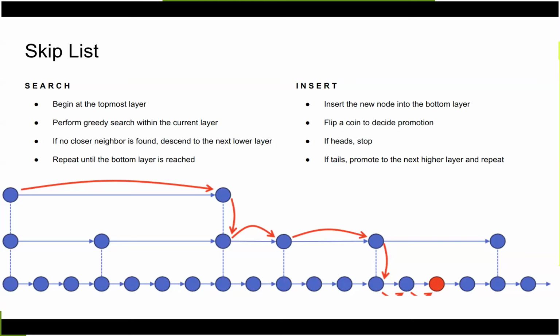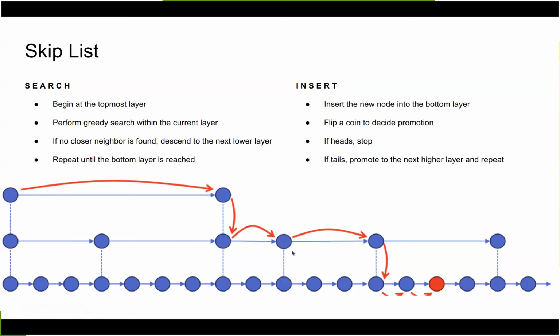One layer on top of that, you just flip a coin, and if the coin, I don't know, with some probability, if it's higher than 50%, you add each node to the top layer. And you just continue doing that until the root of your skip list. So for example, here we have 3 layers of a skip list. The bottom layer is simply a sorted list.